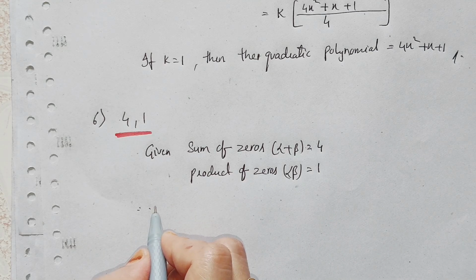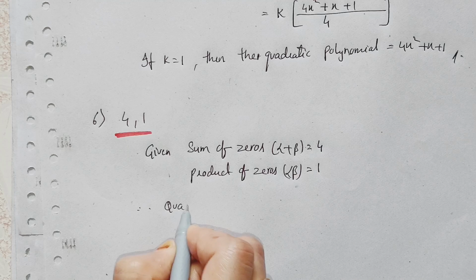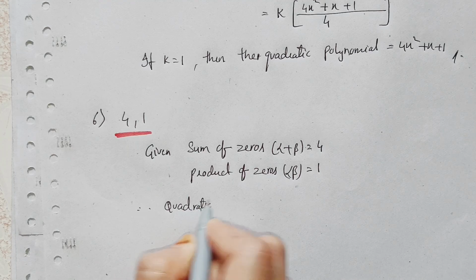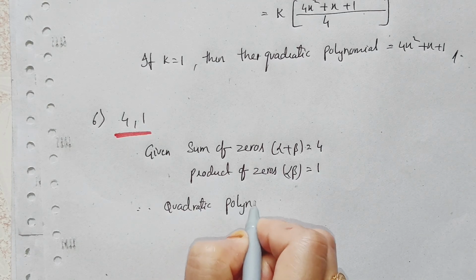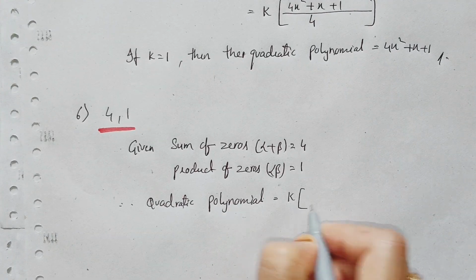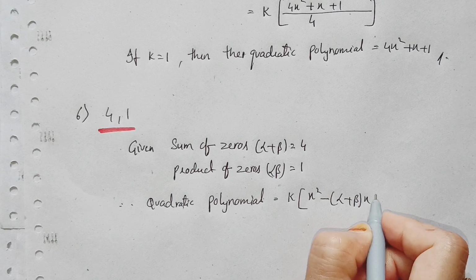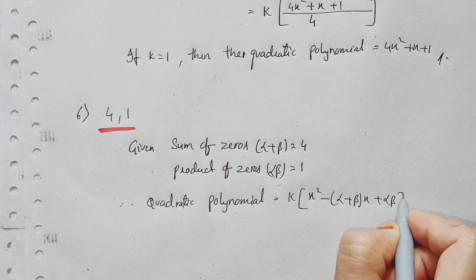Therefore now we have to find out the quadratic polynomial. So the quadratic polynomial is k of x square minus of alpha plus beta of x plus alpha beta.